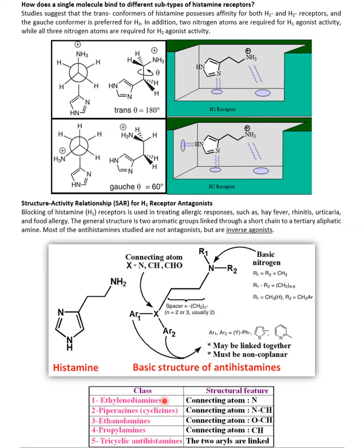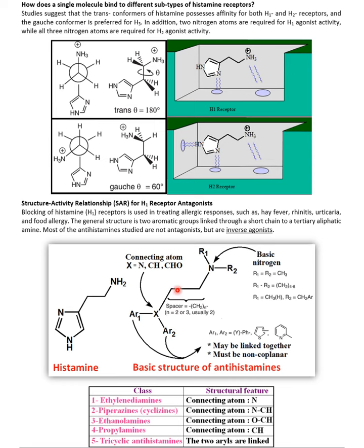Finally, let's talk about the different classes of antihistamines, and they are based on the X here that's connecting the aromatic groups. So if we have a nitrogen connecting the aromatic groups with the spacer, then we will have ethylene diamine.